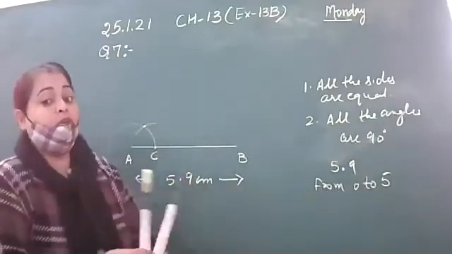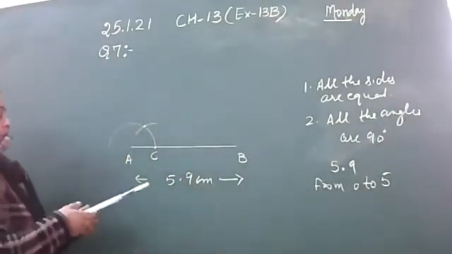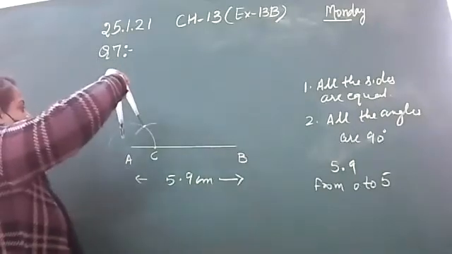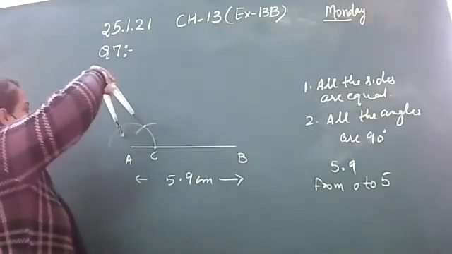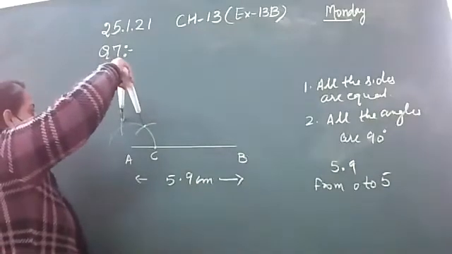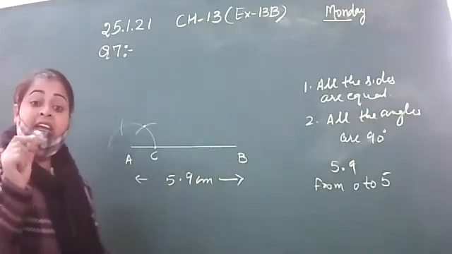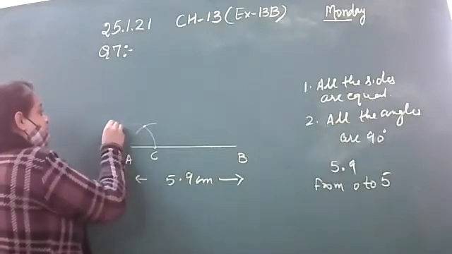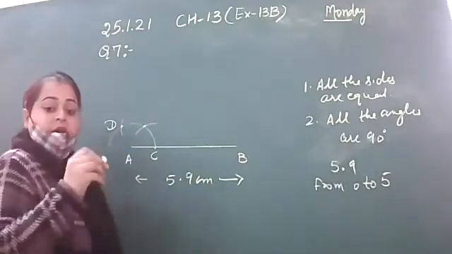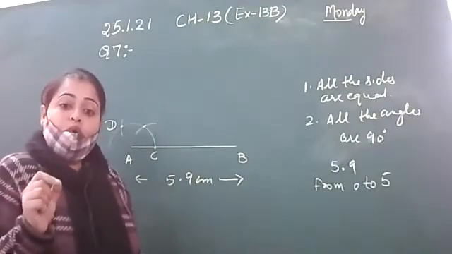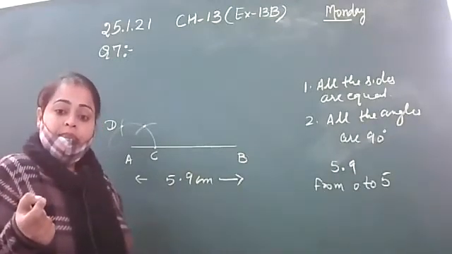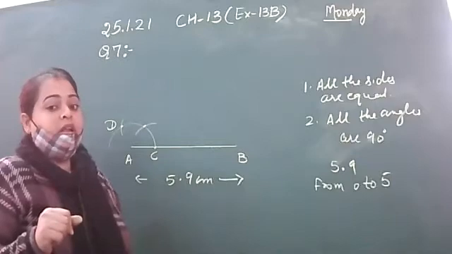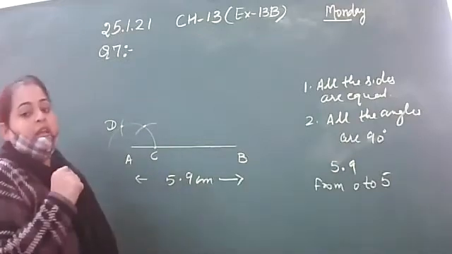So again, we put our compass at C and draw one more arc. With this arc, we get one new point. The name of this point is D. Which angle will D represent? Very good, Harshika. D will represent a 120 degree angle.